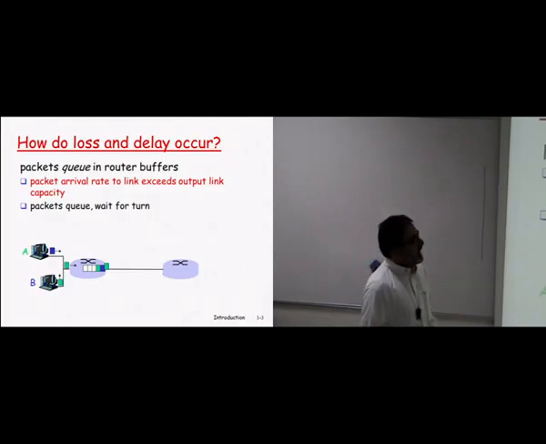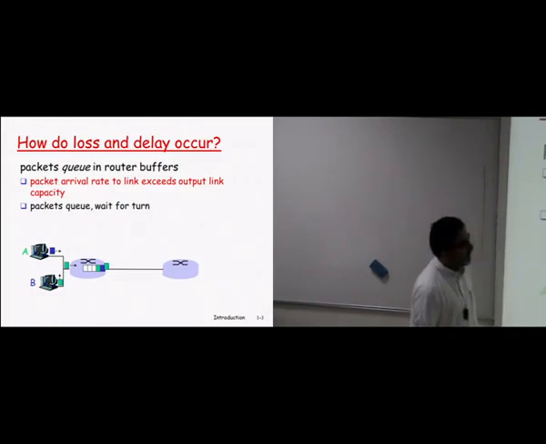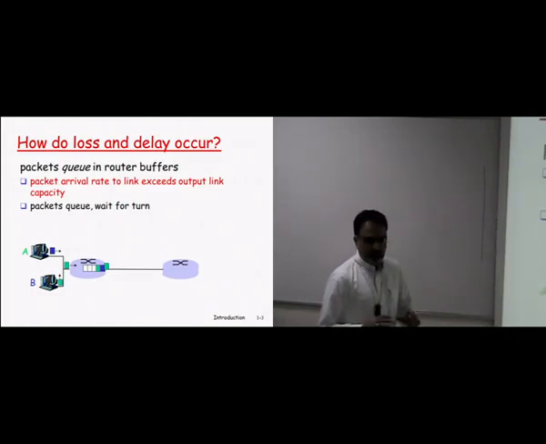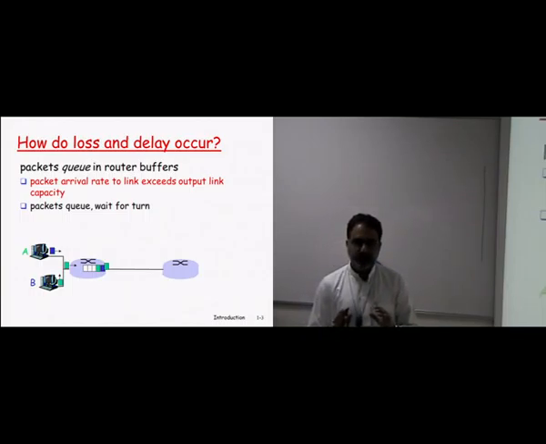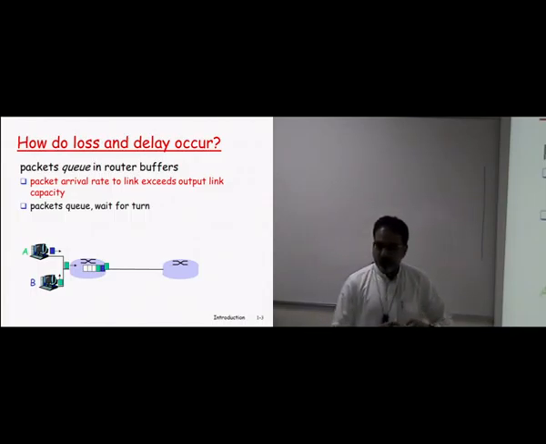Otherwise, if the input rate cannot cope with the output rate, if it is more than that and there is no temporary storage area in which the router can store the packets, it will start dropping them. It may drop packets sometimes due to congestion or other reasons.